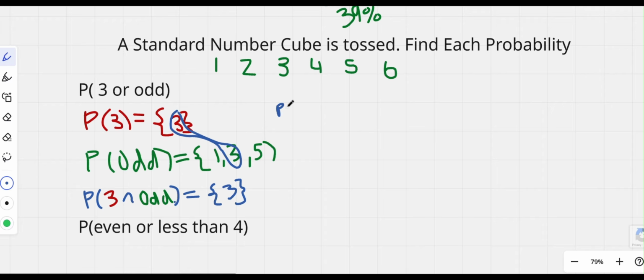P of 3 plus P of odd minus P of 3 intersection odd.